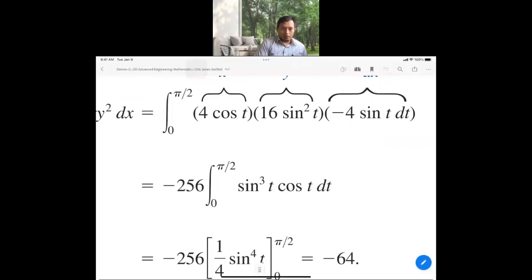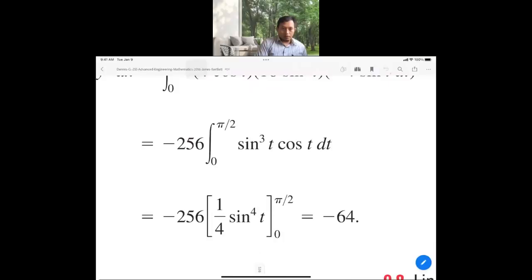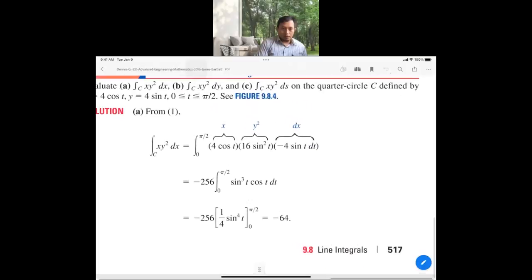After some calculations, we get this sine cubed t cosine t. We can use another substitution to solve this integral, and we can have this as our solution. I think it's not too difficult, and you can use calculators in your exam, so don't worry about some computations.